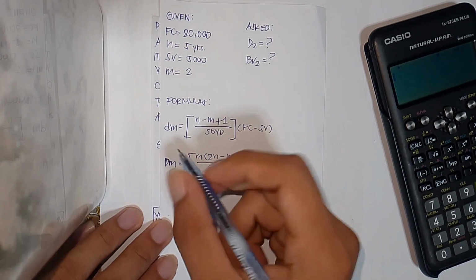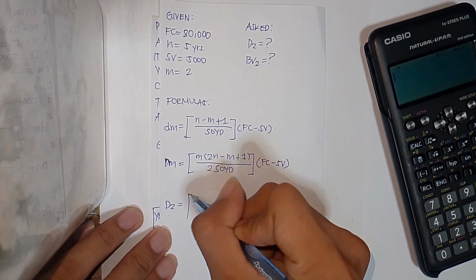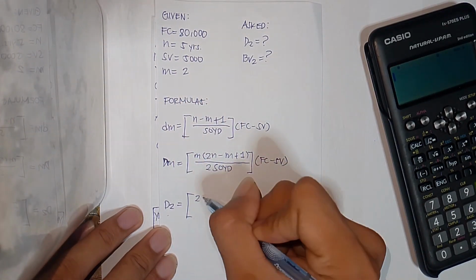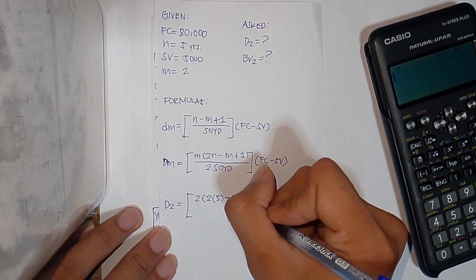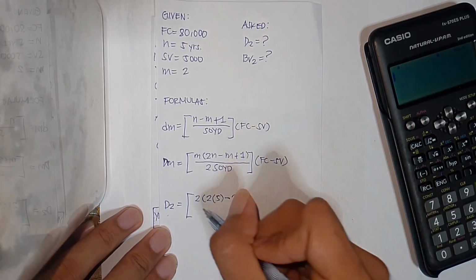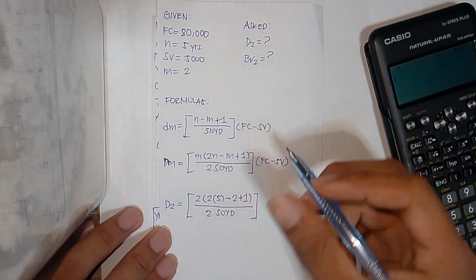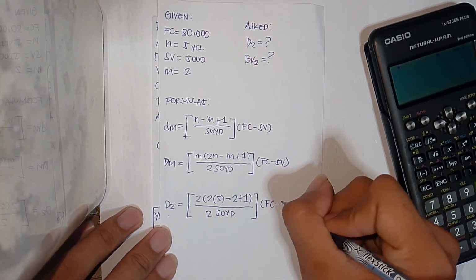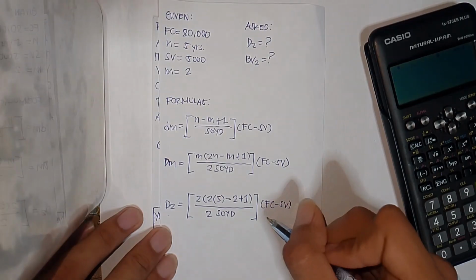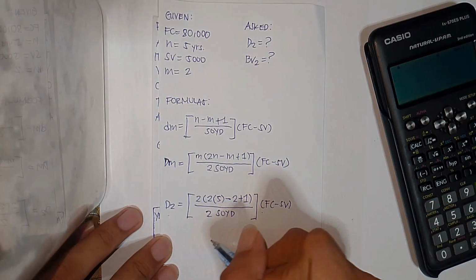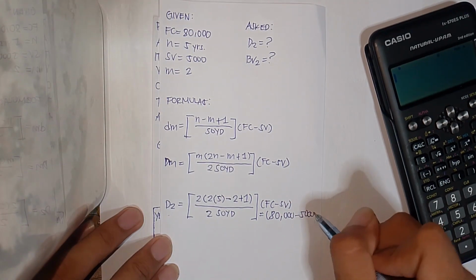So substitute the values. D2 is equal to m, which is 2, times (n is 5 years, 5 minus 2 plus 1) over 2 SOYD times first cost minus salvage value, which is 80,000 minus 5,000.